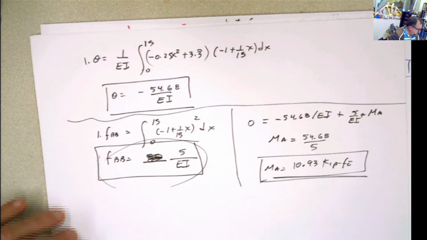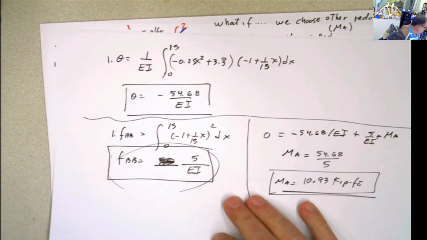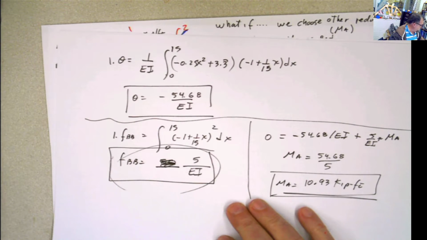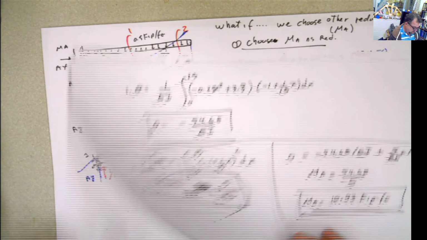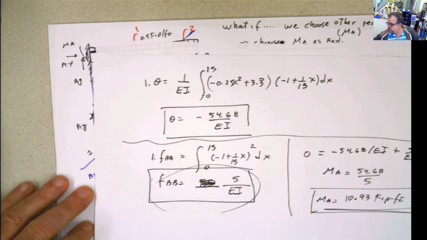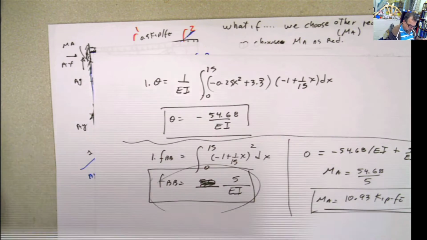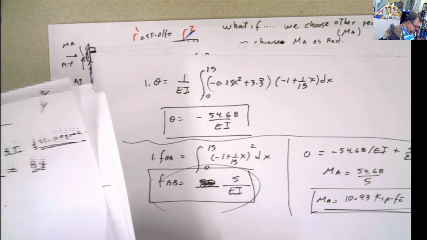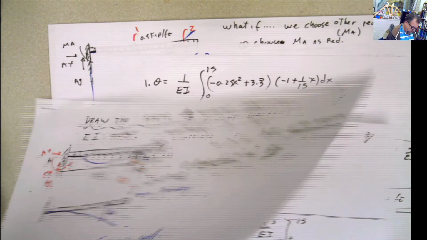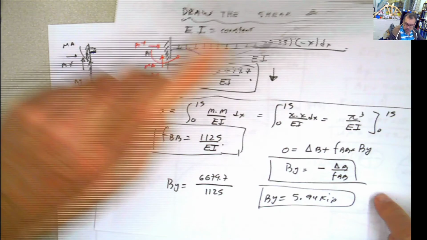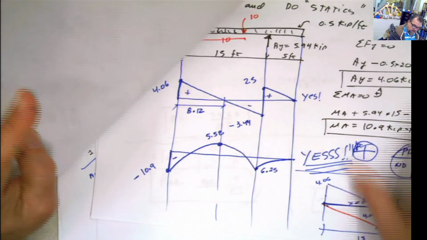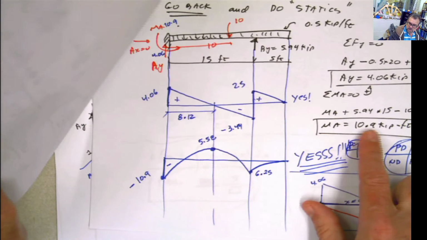Now, if you check what we did before with the other problem, we calculated By when we selected By as the redundant, and with that By, we calculated the rest of them, and look at the value of MA that we got.